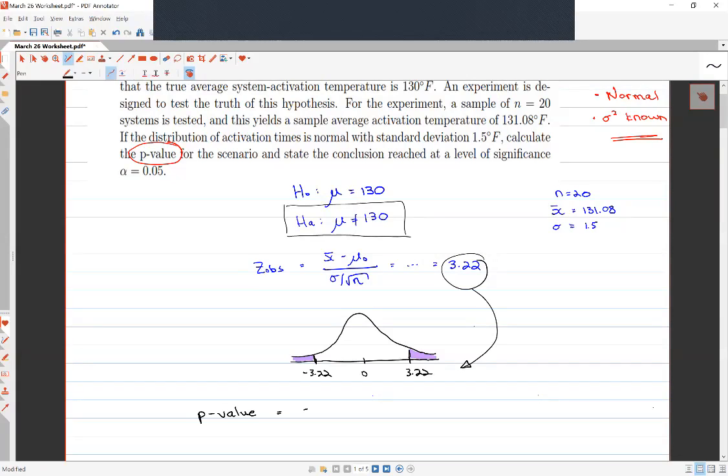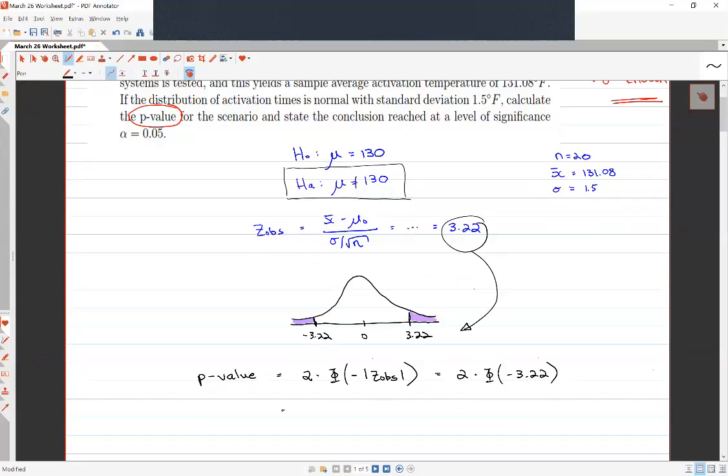The formula says it's 2 times the normal CDF at negative the absolute value of Z observed, which in this case means it's 2 times the normal CDF at negative 3.22. So what you're going to do here is evaluate your normal CDF. Lower bound will be negative infinity, upper bound will be negative 3.22, and you are going to multiply that by 2.